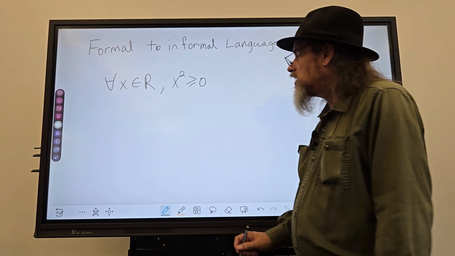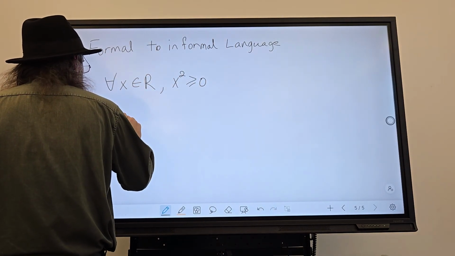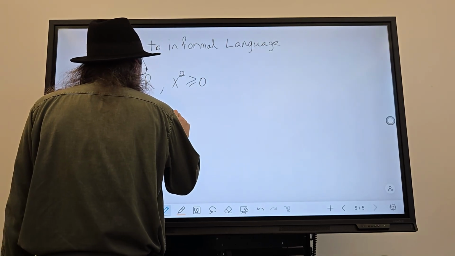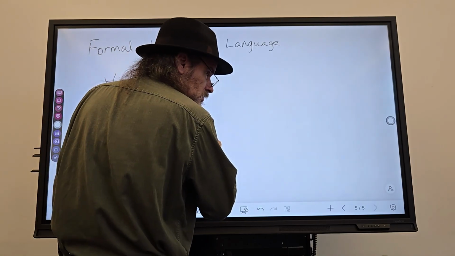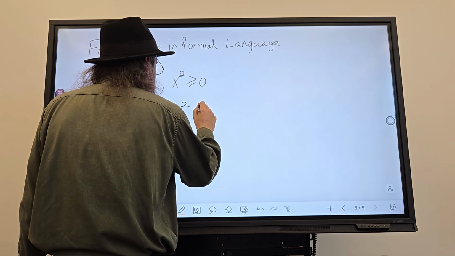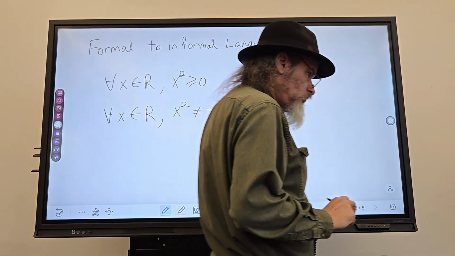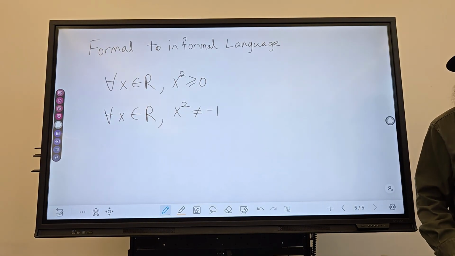So how about for all x element of R, x squared does not equal -1? Somebody else, how would you put that informally?